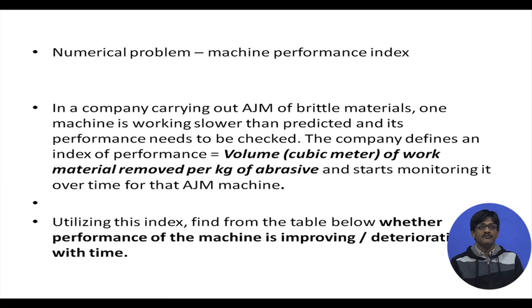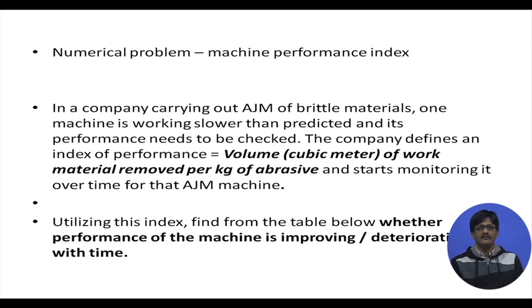The company defines an index of performance. Okay. So, they define, I will check this particular index and I will decide accordingly whether the machine is working all right or not. The company defines an index of performance equal to volume of work material removed per kg of abrasive, volume in cubic meters of work material removed per kg of abrasive.